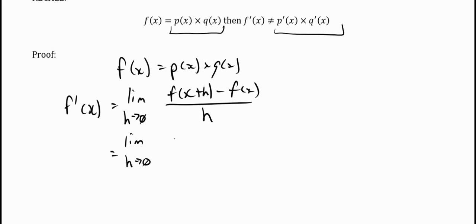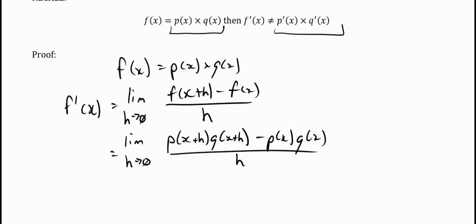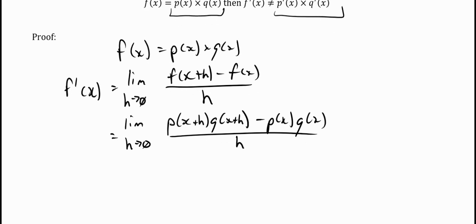We're just getting this started. So this is p at x plus h times q at x plus h minus p at x times q at x, all over h. We okay? That's just that opening part that we've seen lots of times.